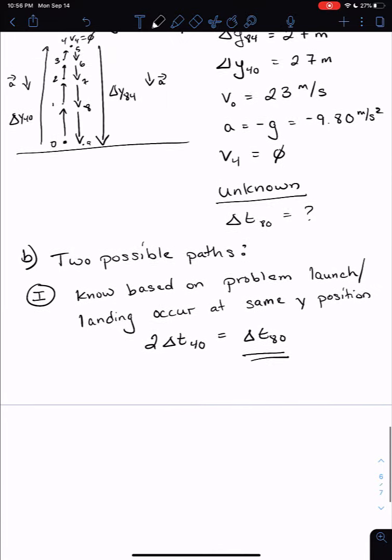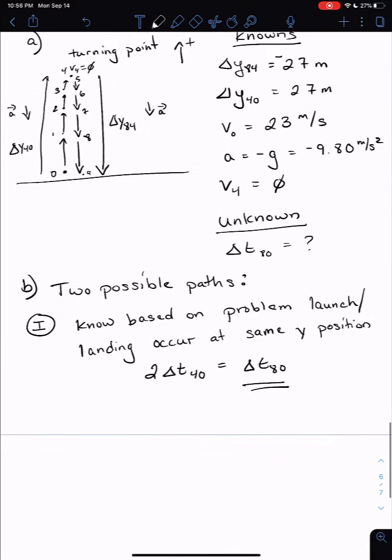So given the knowns and unknowns that I have, I'm going to focus just on the moving upwards. I'm going to use the kinematic equation that looks something like the final velocity is equal to the initial velocity plus the acceleration times the elapsed time.